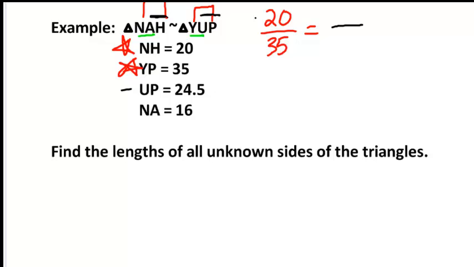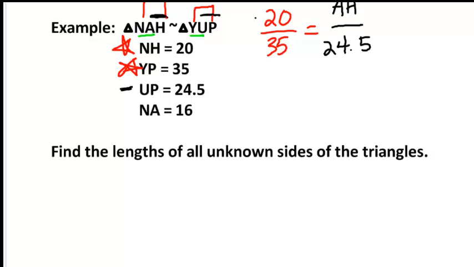So I need to make sure I continue putting information from the first triangle on top in the second fraction. So that would be side AH, which comes from the first triangle. I'm going to put that on top in my second fraction. That corresponds with side UP, which I know is 24.5.